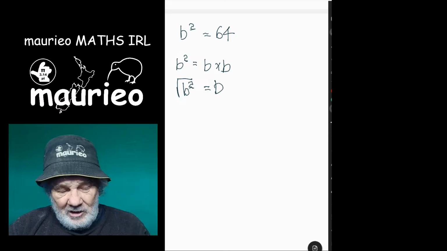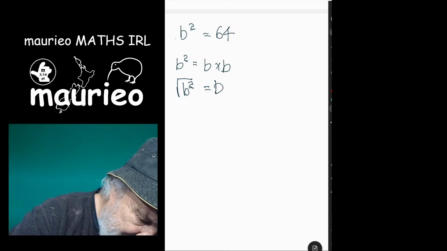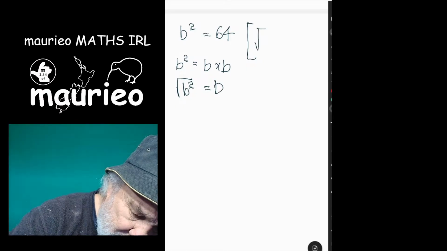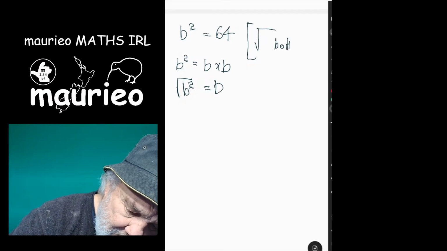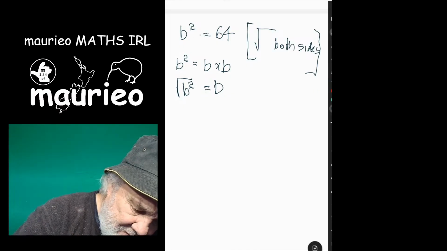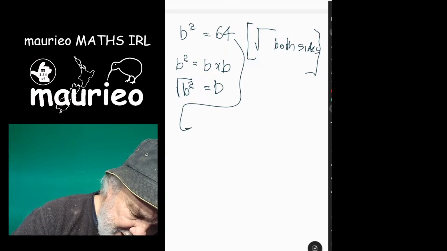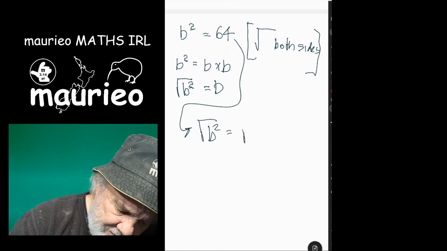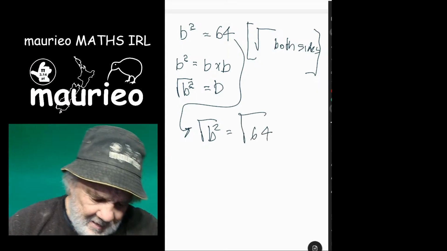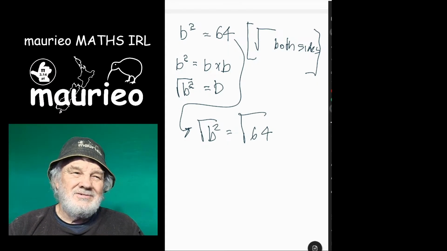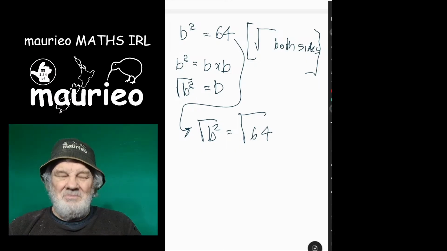So if we take the square root of both sides, this is what we're going to do here: square root of b squared equals square root of 64. Now the square root of b squared, what number multiplied by itself is b squared? Well, b, of course.